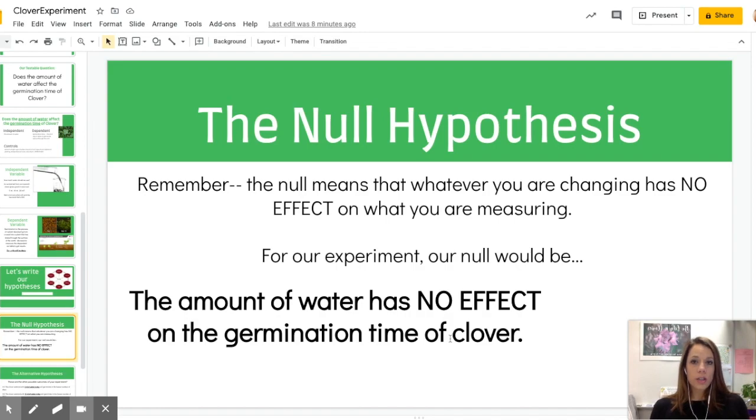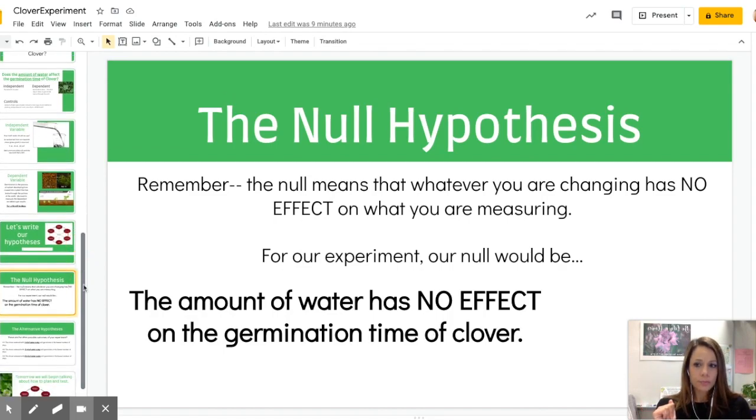What that would look like is the 5 milliliter, the 10, and the 20 milliliter plants all sprouting at the exact same time, meaning there would not be a difference at all between any of those plants and how long it takes to sprout. So that's the null.